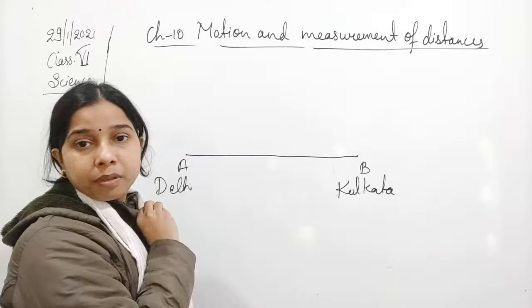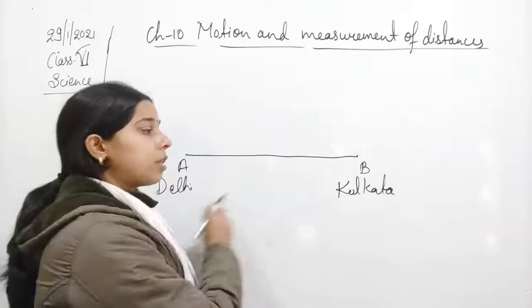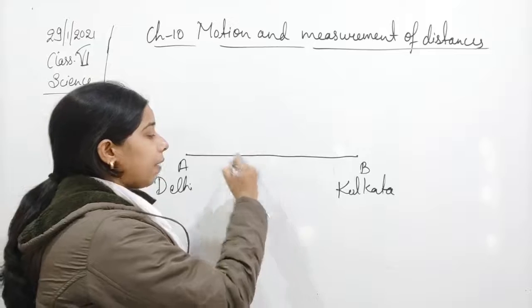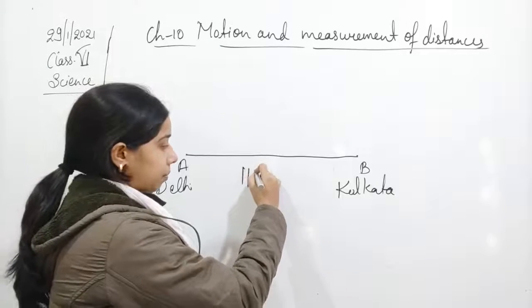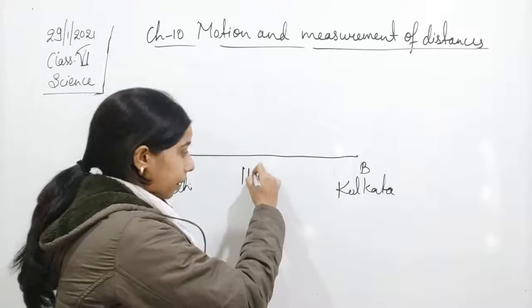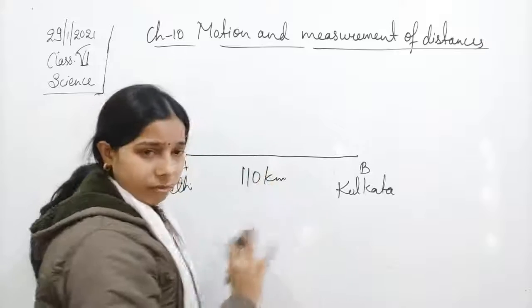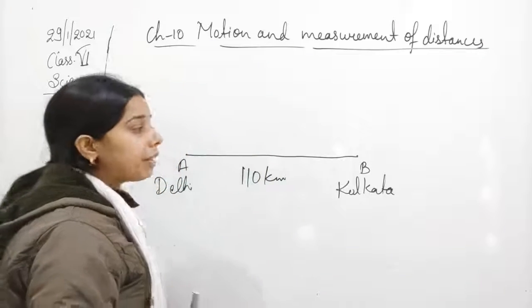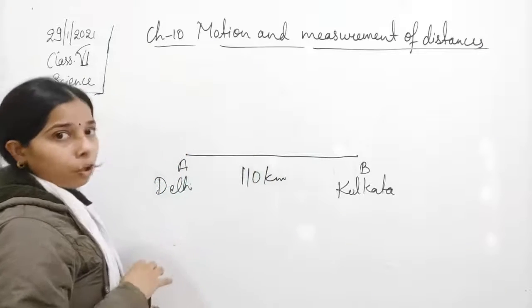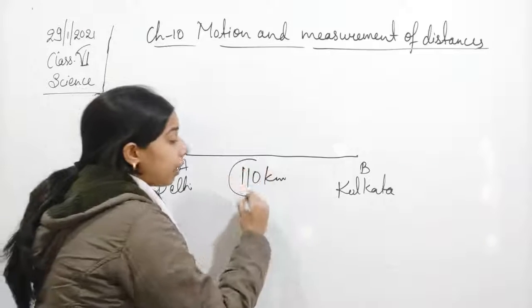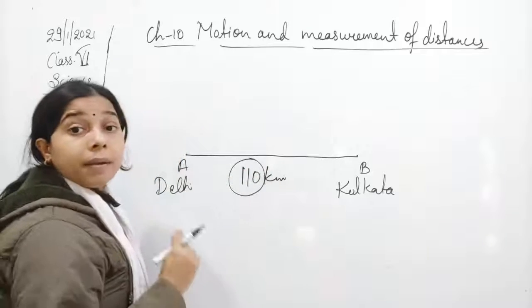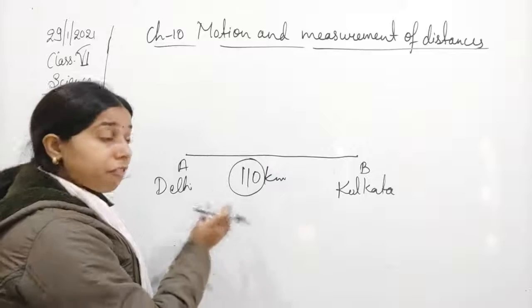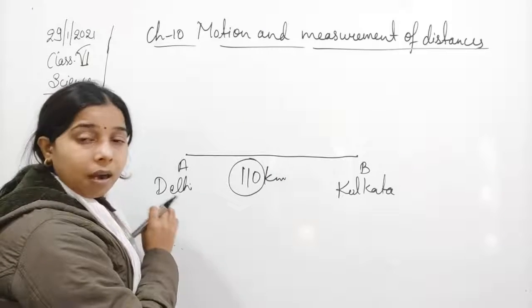Suppose the distance between these two is 110 kilometers. So 110 is a number, the first thing while representing a measurement.